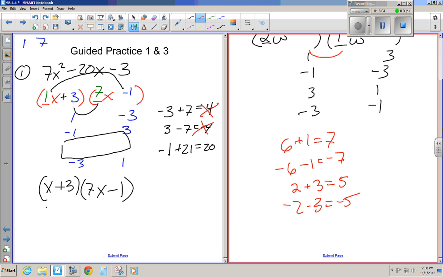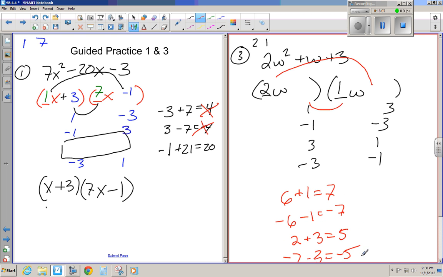All right, so those are the 5 possible answers. Do any of them end up equaling this number right here? You're going to say, no, none of them work. So you would say not factorable. Not factorable. That's how this one plays out.